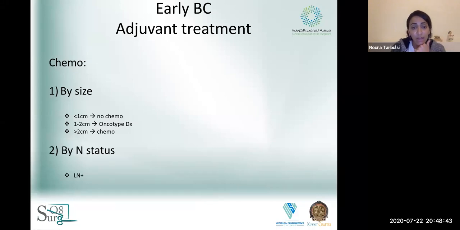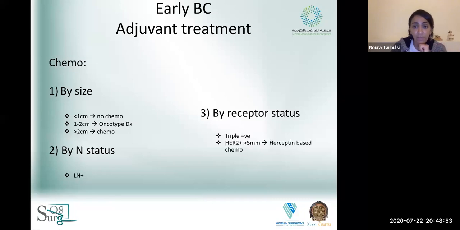By lymph node status, every female with breast cancer who has positive nodes has to be referred to medical oncology for consideration for chemotherapy. And by receptor status, triple negative patients have to see a medical oncologist. HER2 positive, more than 5 millimeters in size, they have to get Herceptin-based chemotherapy.